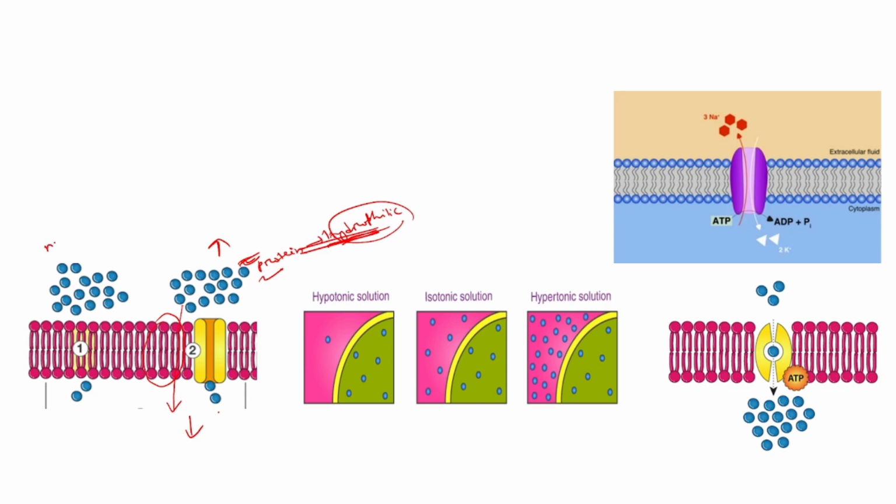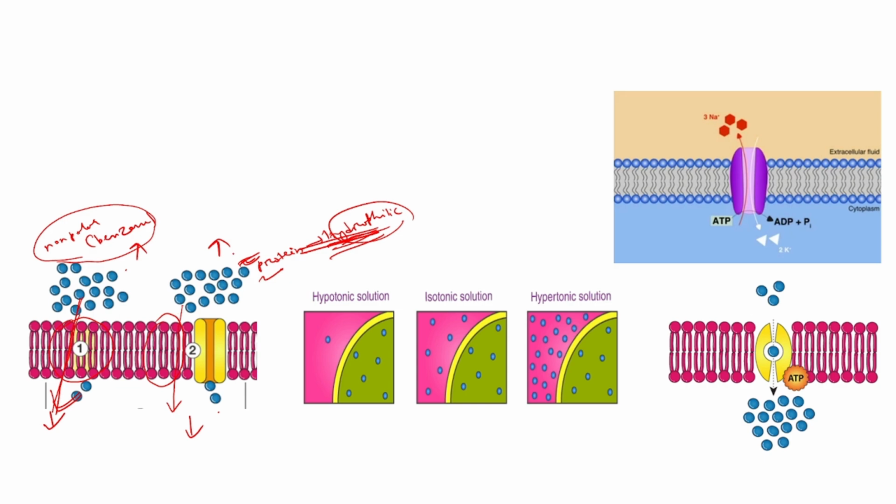But if a non-polar molecule, for example benzene, is present at a higher concentration at the outer side and lower at the inner side, it can directly pass through the layer, because the lipid layer is hydrophobic and the non-polar benzene is also hydrophobic. So they can interact with each other and easily pass through the membrane. But the protein is hydrophilic, so it cannot pass through the membrane directly.